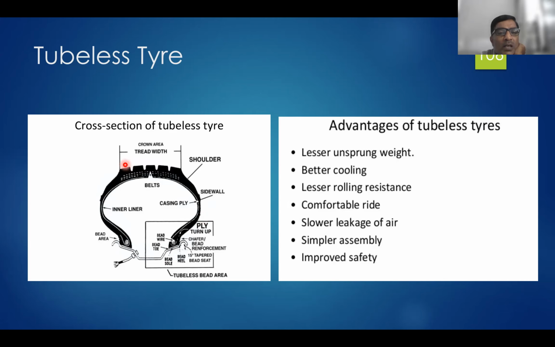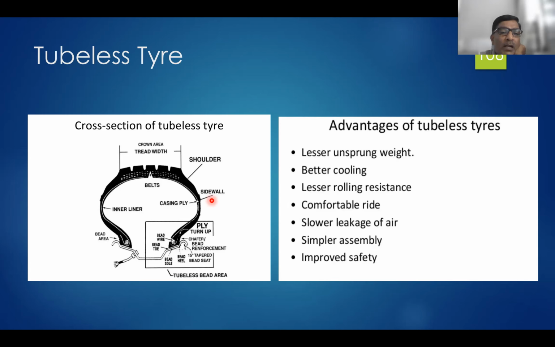This one is the tread width, or we can call it the crown area. This one is the shoulder. This is the sidewall and casing ply. You can consider it as a thickness. Based on the ply, the tire with less ply has less thickness, and the tire with higher ply has more thickness.